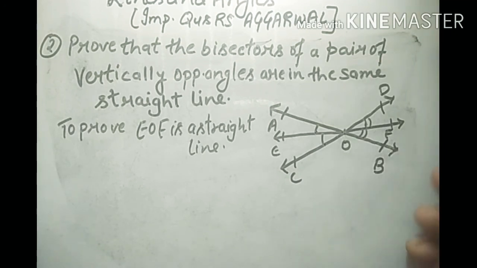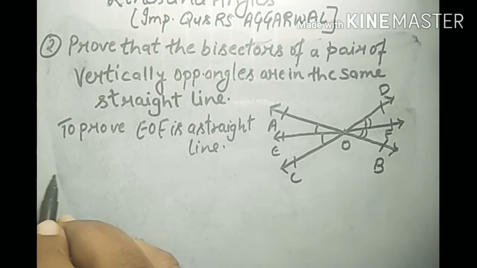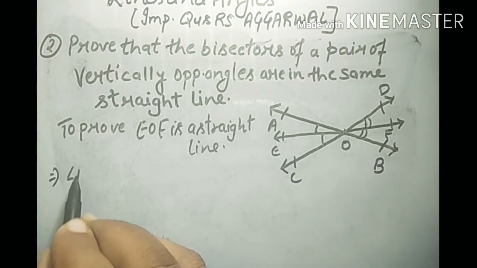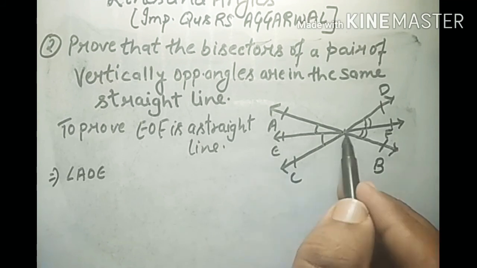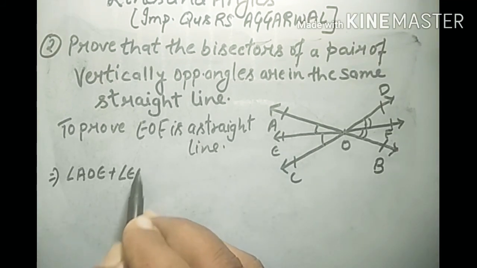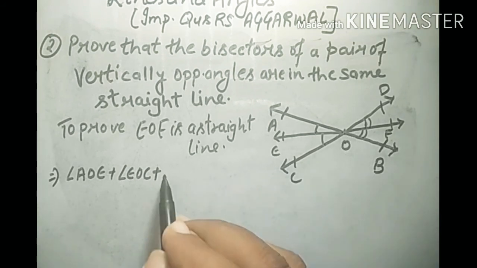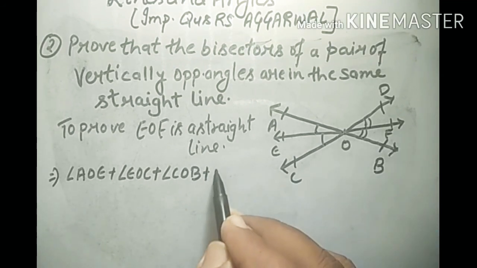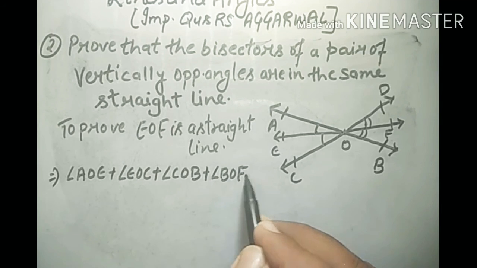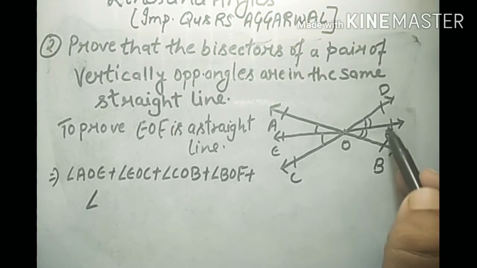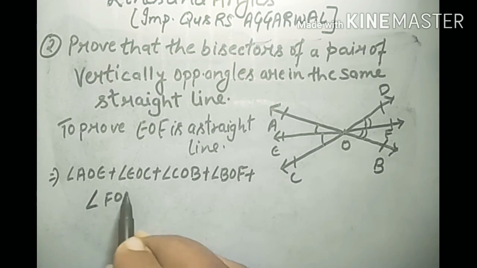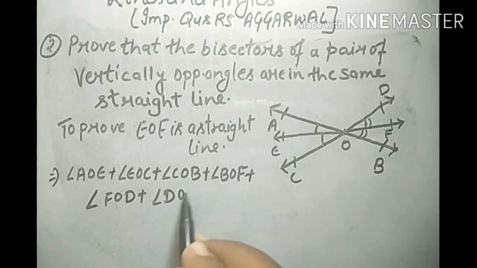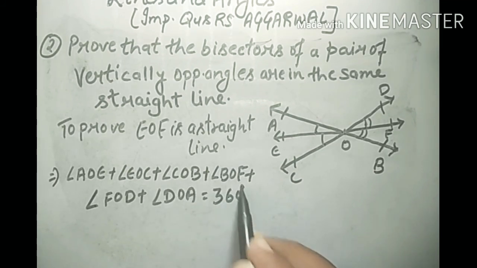Okay, so we can write angle AOE plus angle EOC plus angle COB plus angle BOF plus angle FOD plus angle DOA is equal to 360 degrees. Why is it 360?